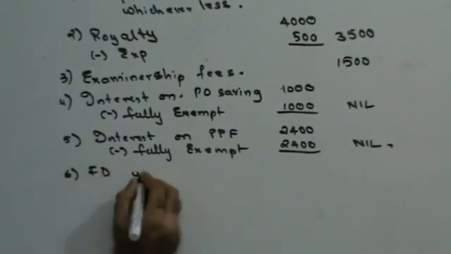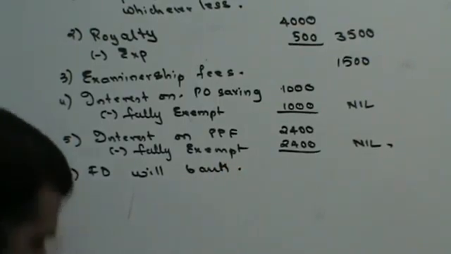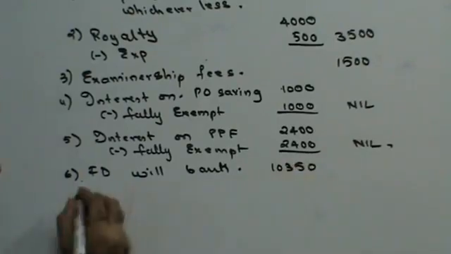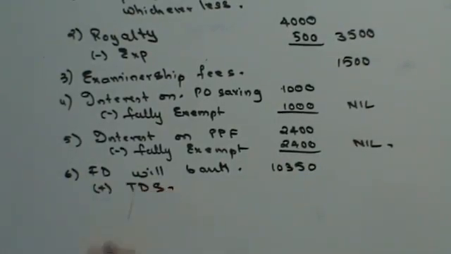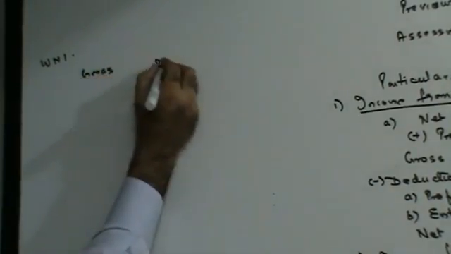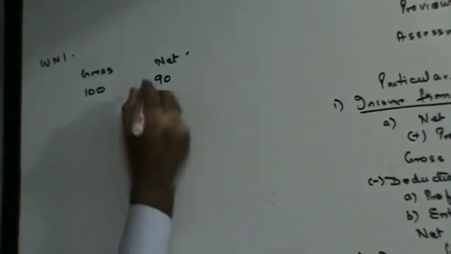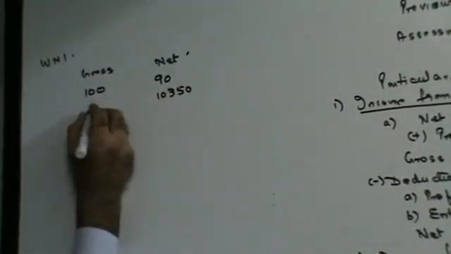FD with bank. Now, they've given you 10,350 and TDS. Now let's see how I get the TDS. Guys, can you please see this working note? Working note 1, gross net. They said that tax deducted at source is 10%. So if I was getting a gross income of 100 rupees, they are deducting a tax of 10%. My net income would become 90 rupees. If I'm getting a net income of 10,350, what should my gross income be?